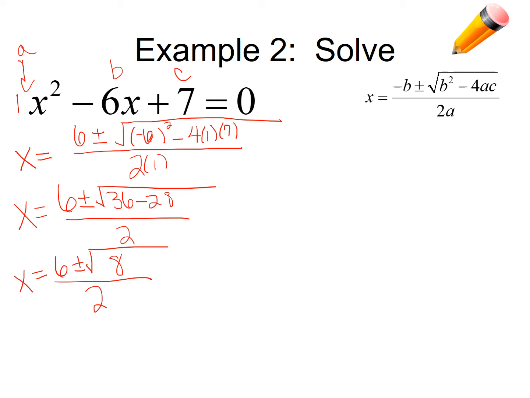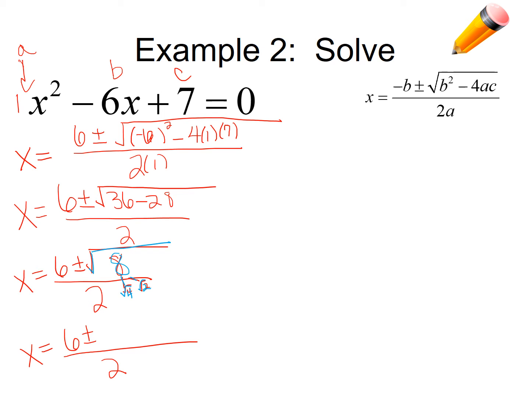So we can break down the square root of 8 to simplify that radical. Square root of 8 can be broken down into the square root of 4 and the square root of 2. So we have 6 plus or minus that, all over 2. What I'm trying to do is break down the square root of 8 so I can put that in my next step.